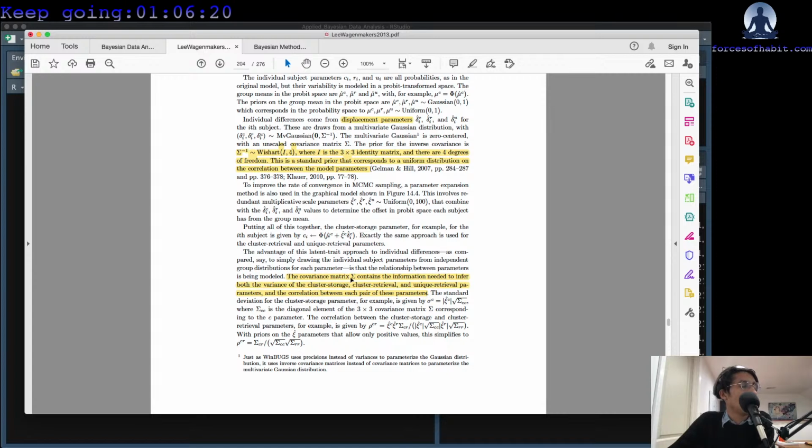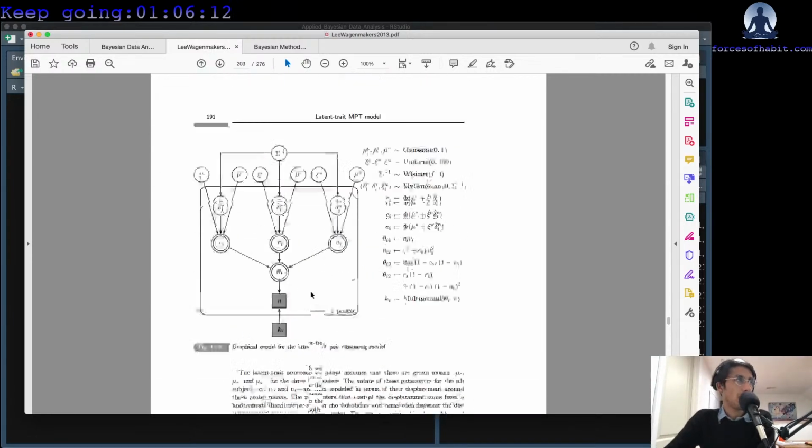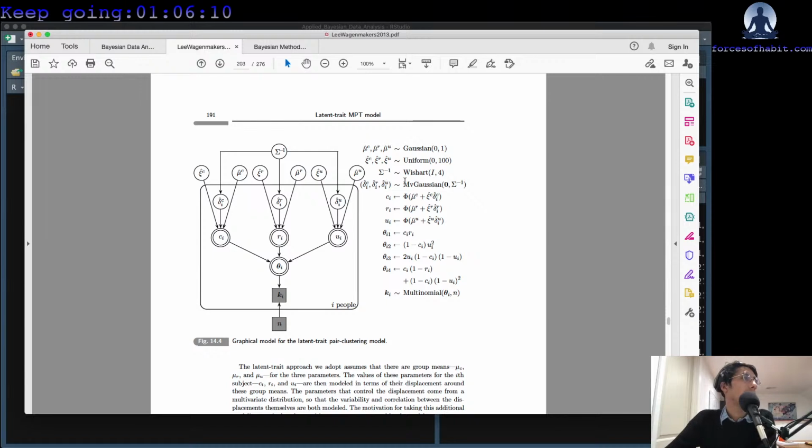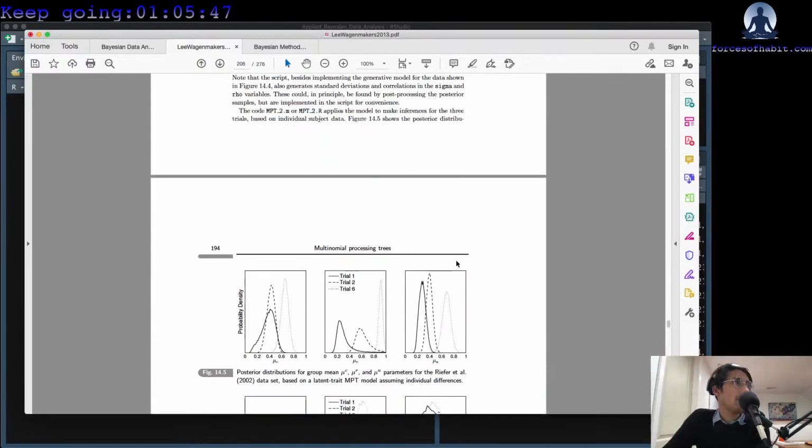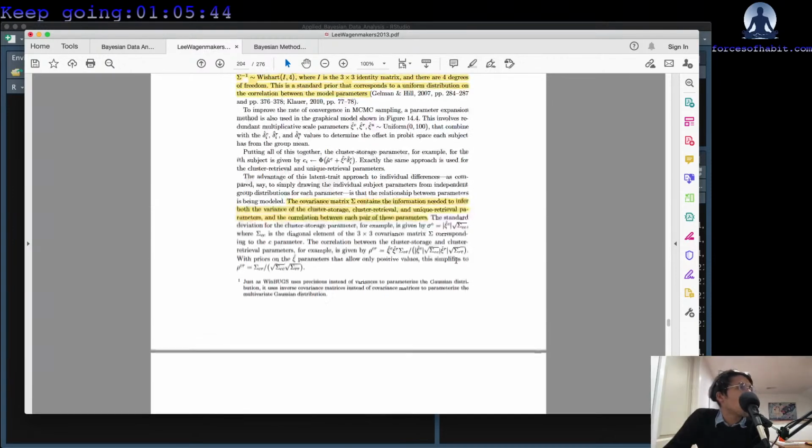So this sigma gives us not only the variances for each of the parameters, but it models the covariances between them. We get a multivariate Gaussian distribution for the displacements, where we model the covariances between them and the variances for each. I think I'm following, at least a little bit.